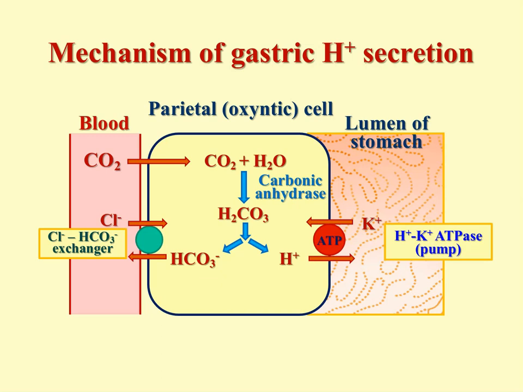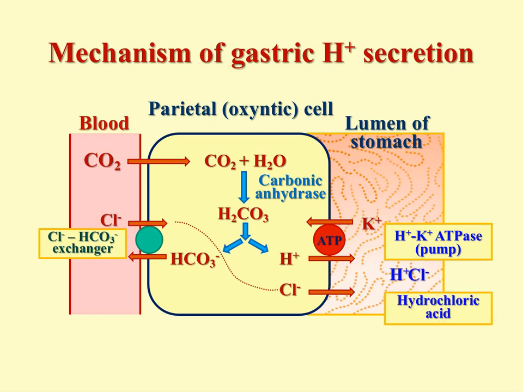Sometimes it's called simply the proton pump because the H plus ion is actually a proton. So H plus is transported. Chlorine, which due to exchanger activity appears in the cell, simply follows H plus with its minus charge. And as a result, both ions appear in the lumen of the stomach, and so it makes the hydrochloric acid.